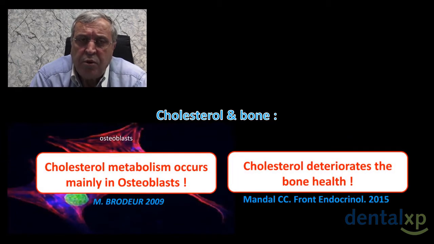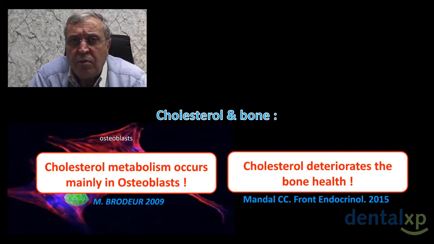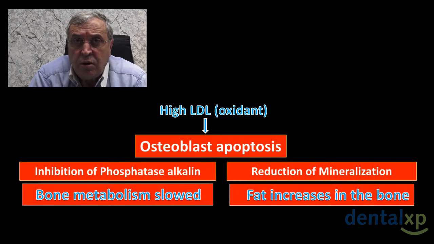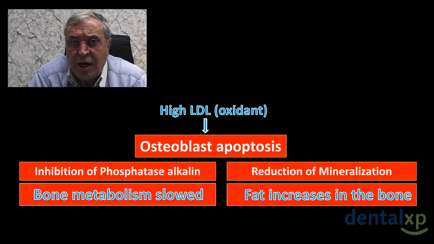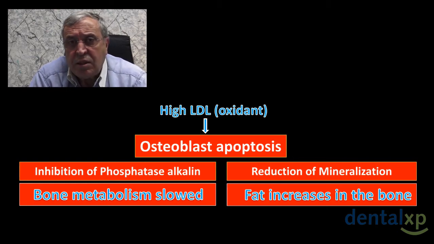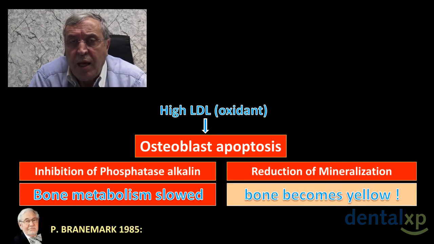The cholesterol metabolism occurs mainly in osteoblasts. And when we have high LDL, it's the factor, because LDL cholesterol is an oxidant. Then the bone metabolism decreases and the fat increases in the bone. And the bone becomes yellow.